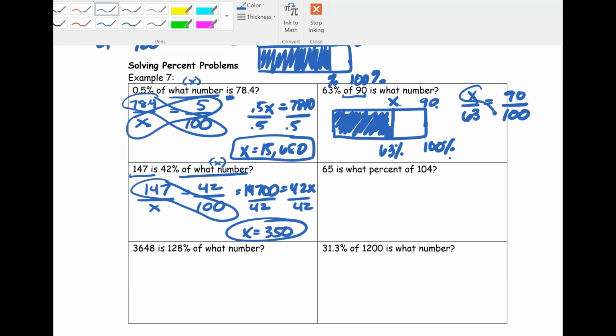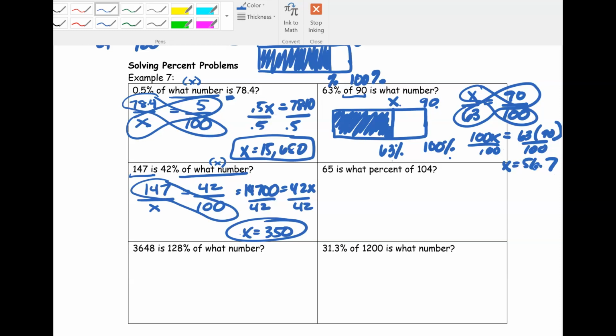So you're going to cross multiply. Okay, so x times 100 equals 63 times 90. And then divide both sides by 100, and then you end up getting 56.7.